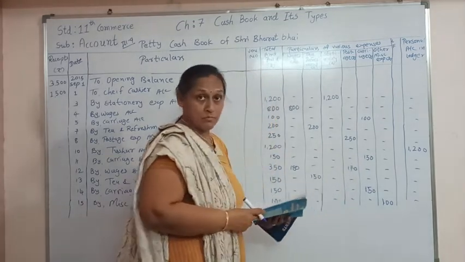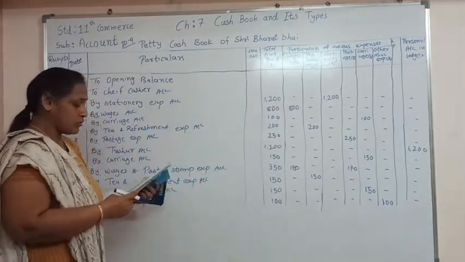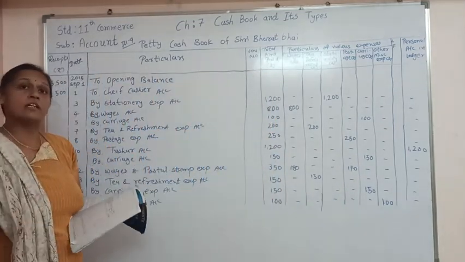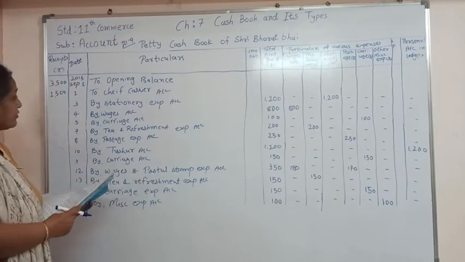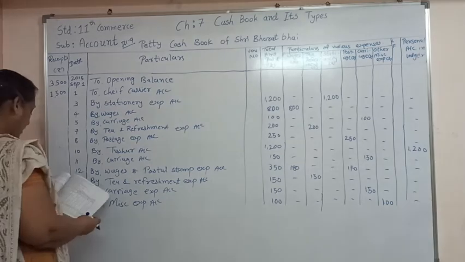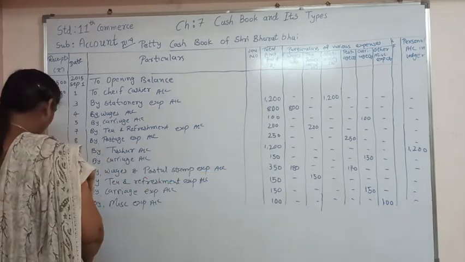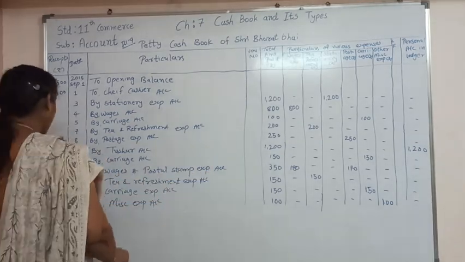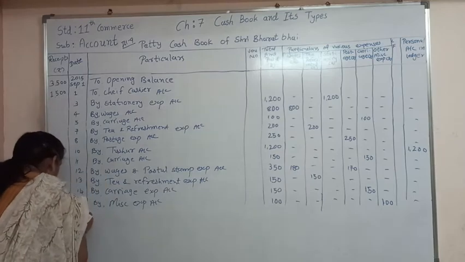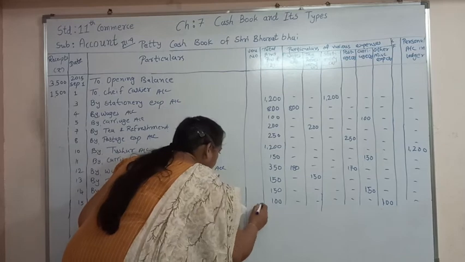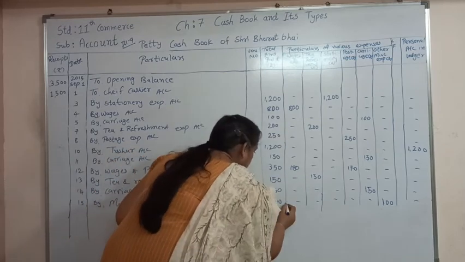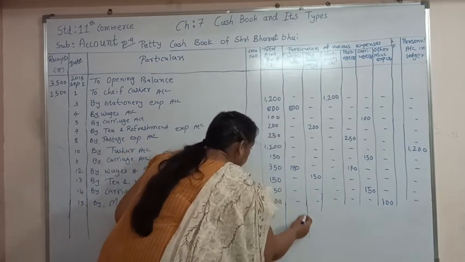So this is how we are supposed to prepare the petty cash book. Now we have to find out the total closing cash balance. For that, the very first thing is to make the total of the expense accounts.